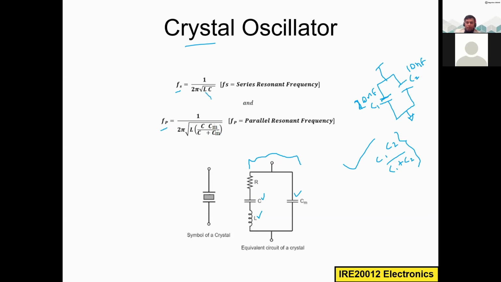Here we don't consider the resistor, we are considering the inductance value and the capacitance value. Just try to remember, this is different from what you have seen so far. Usually we had seen only 1 divided by 2 pi RC, but here we are not using R. Here it is 1 divided by square root of LC, and here is the other formula.